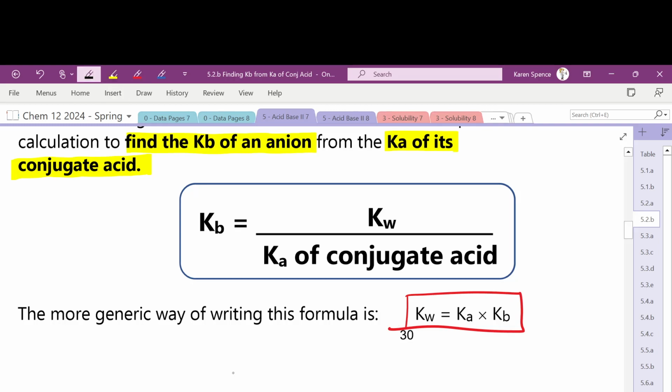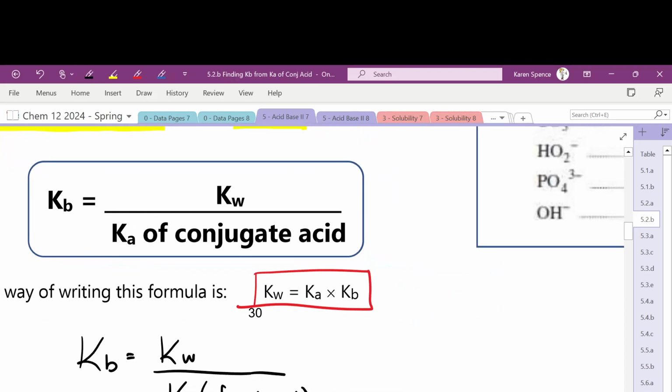I would recommend writing it as Kb equals Kw over Ka of the conjugate acid, or Kb equals Kw over Ka of the conjugate acid.